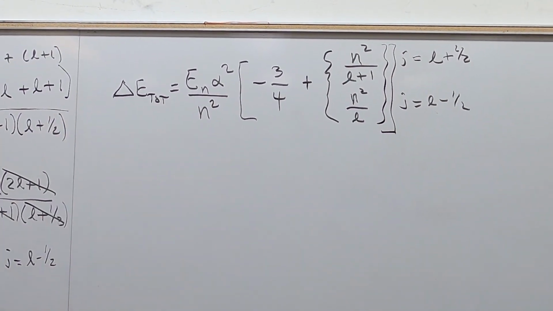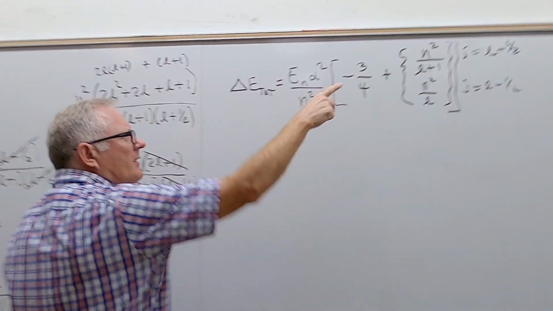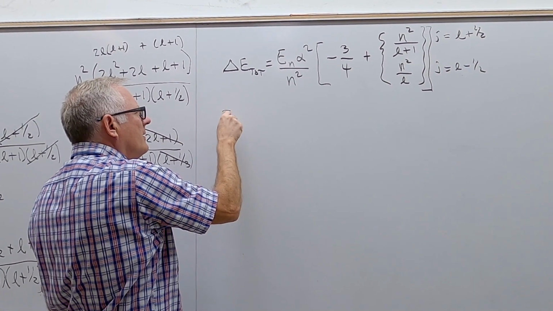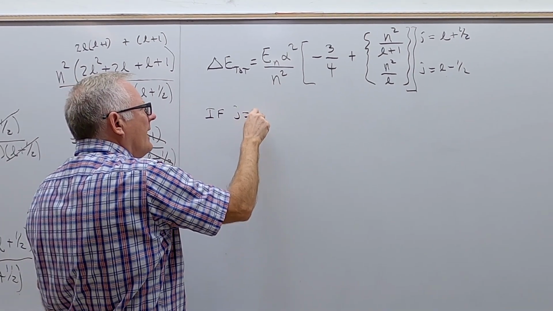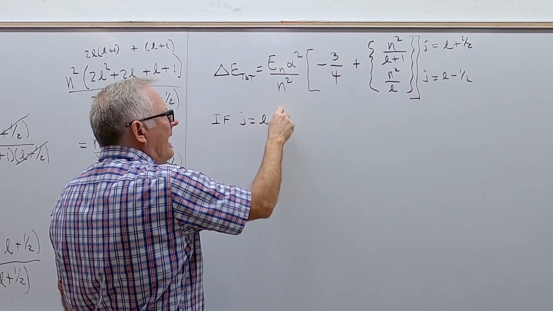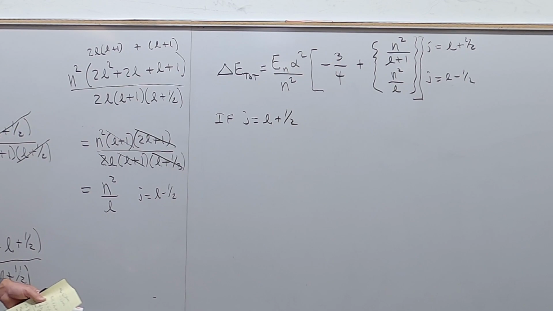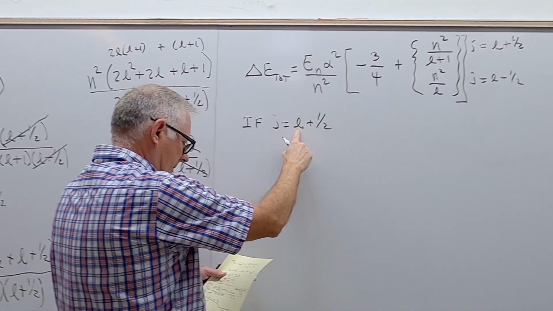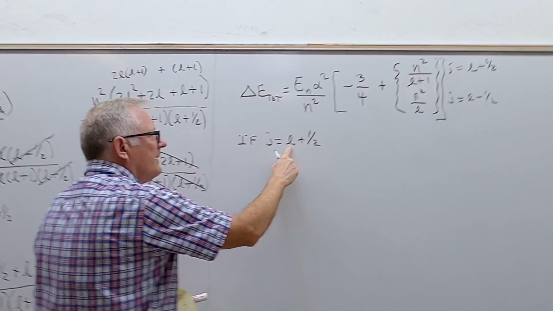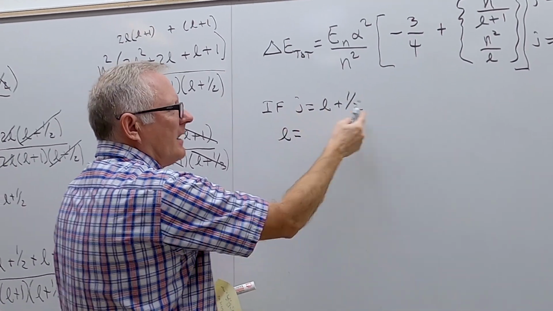But I think we can simplify this further because, for the top case, if J is equal to L plus a half, then what's L? Oh, actually, what is L? L is equal to J minus a half.